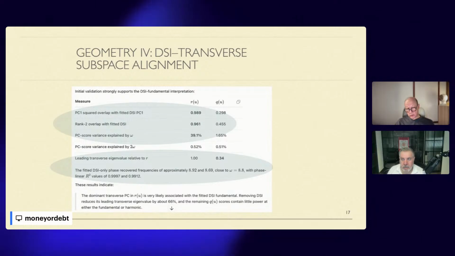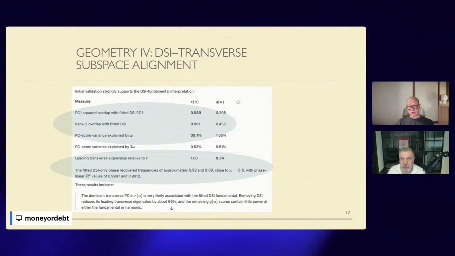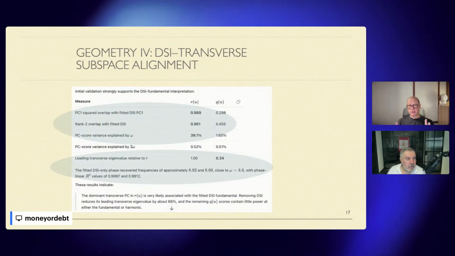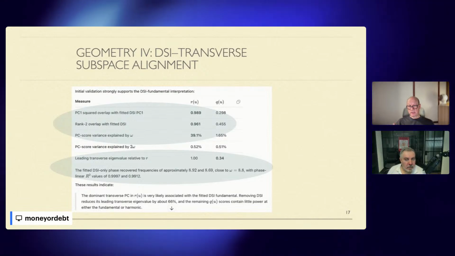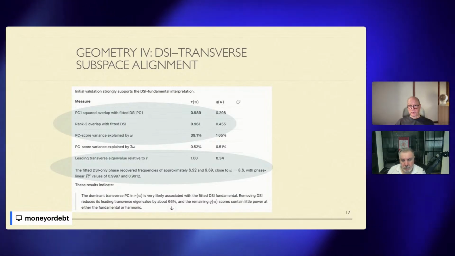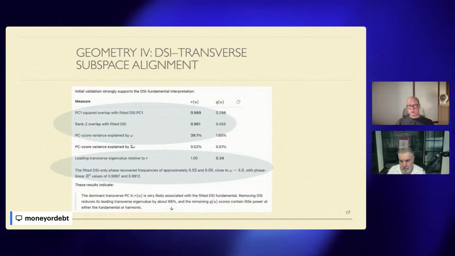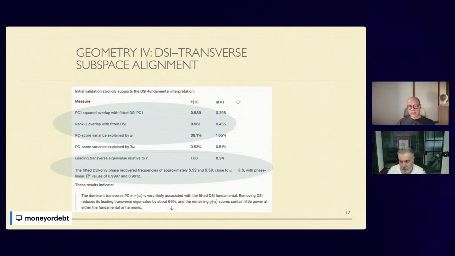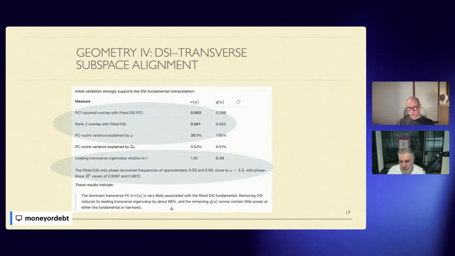So the conclusion is that the dominant transverse principal component in the first order residuals is associated with the fitted DSI fundamental. So this is another way of supporting the reality of log periodicity. And if you take it out, the strength of it, which is called an eigenvalue, falls by 2/3.